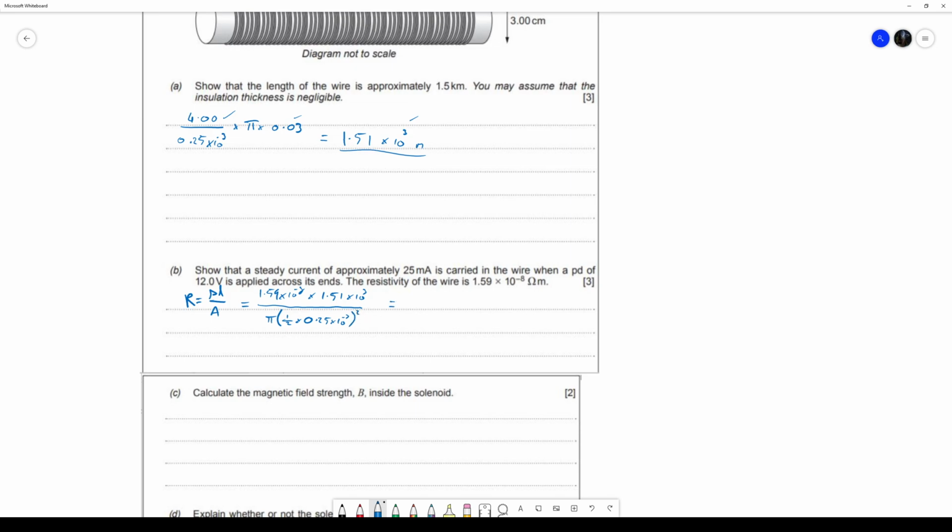So let's see what that gives me. Calculator time. Really, I should have done this in advance and had the exact numbers ready to go, but that's not how I roll, as you guys know. 1.51 times 10 to the 3. I'm almost there.